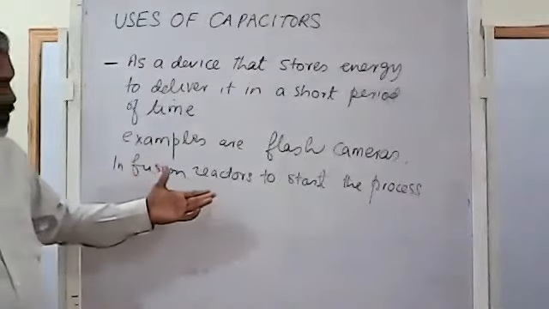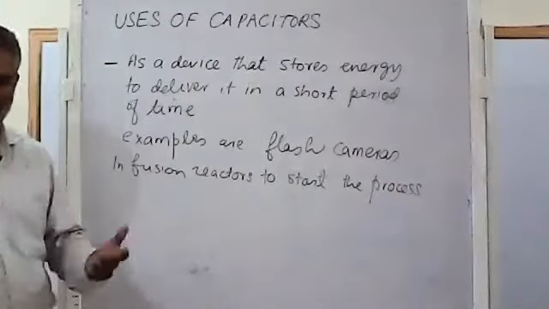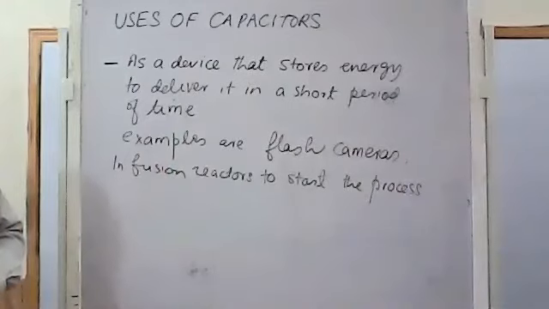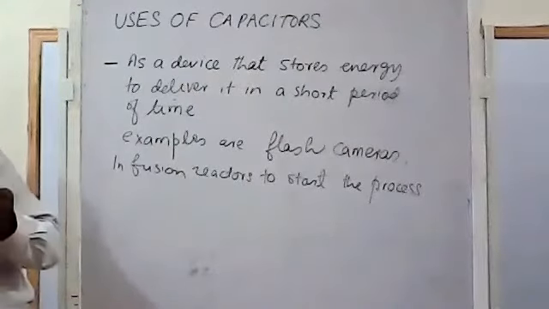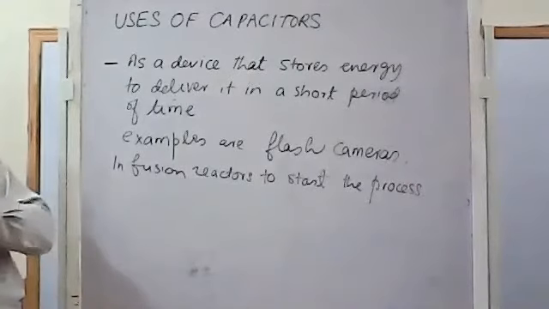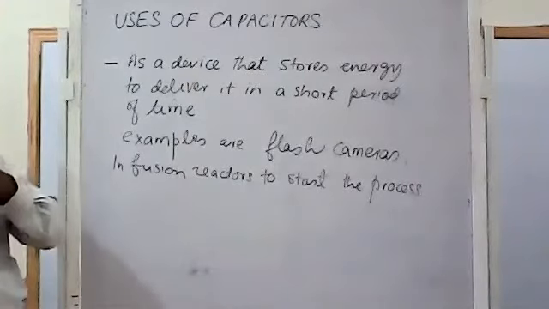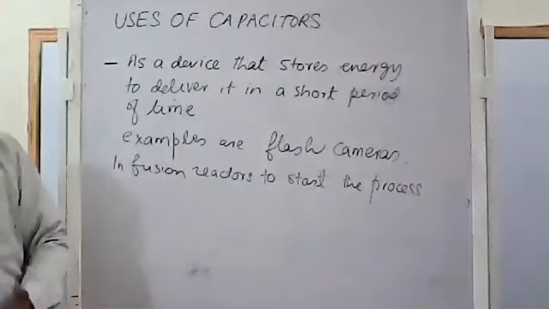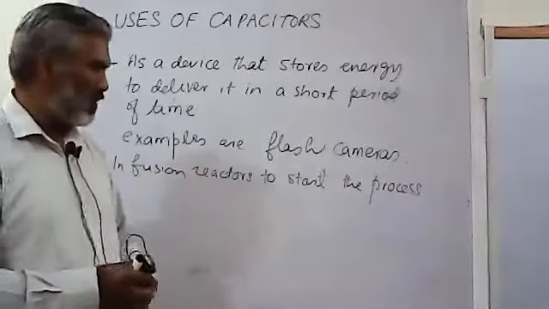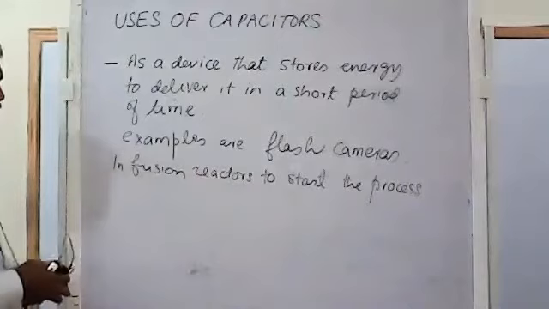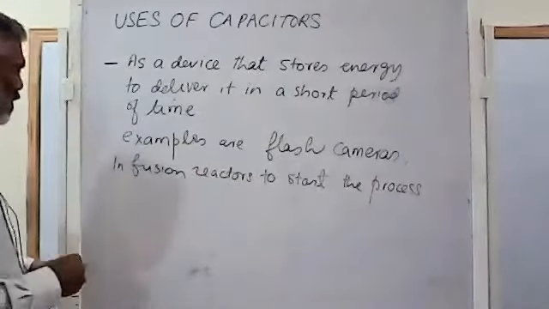So we can use very large capacitors because enormous amounts of energy are first stored. Sometimes it's not possible to store that energy in a single capacitor. In that case, we use a number of capacitors to store that much energy, and then that energy is quickly delivered, so the process of ignition is set in. So this is one of the uses of capacitors.